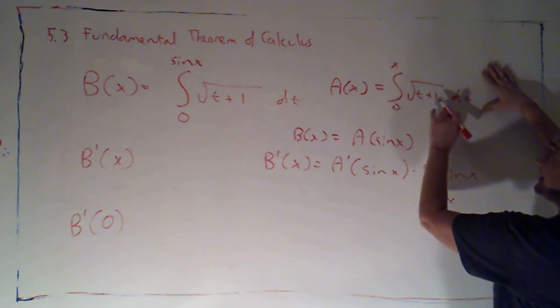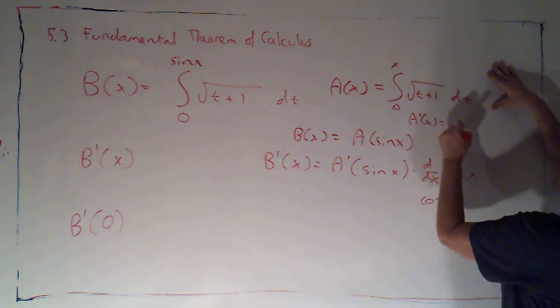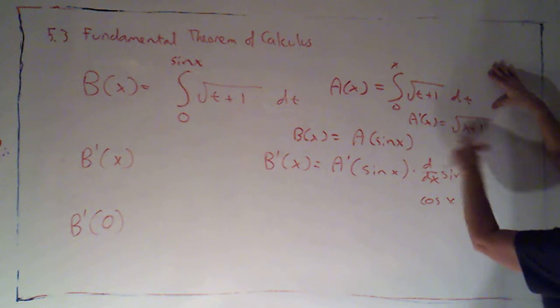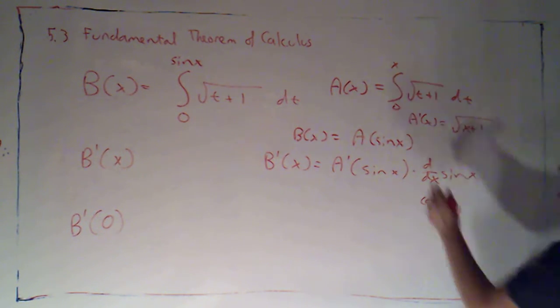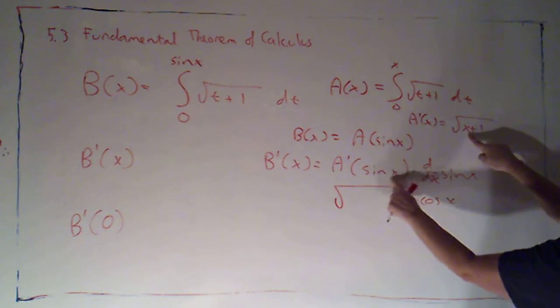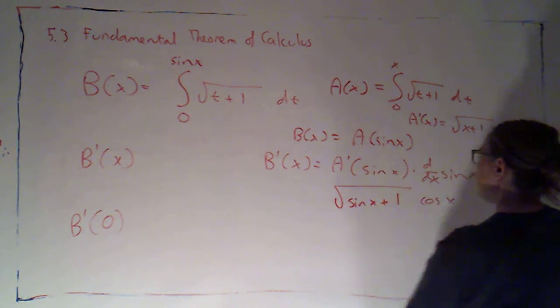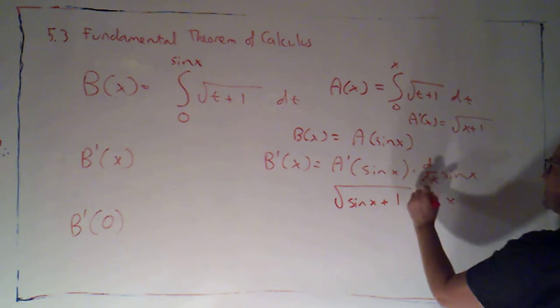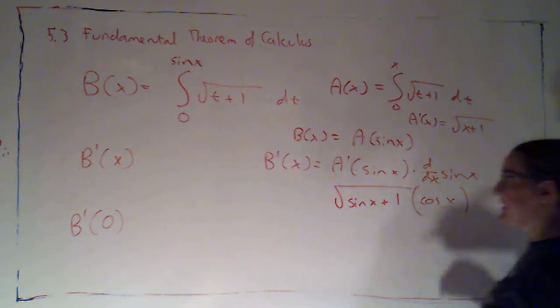When I differentiate an area function, I just get the height function, but I get it evaluated at x. So this is just going to be the square root of, now what I'm plugging in is sine x. So it's the square root of sine x plus 1 times cosine of x. That is my formula for b prime of x.